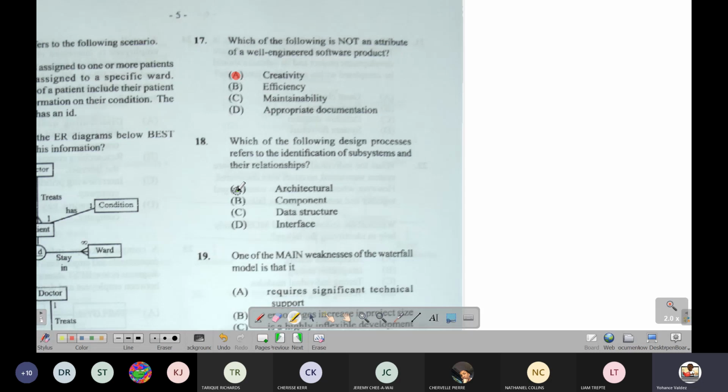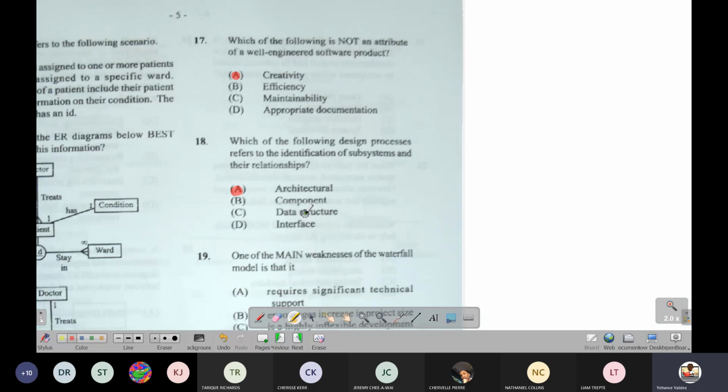The answer here is A, because architectural design is where the components, which are the subsystems themselves, are interdependent on each other. So you're looking at the overall architecture of the system. The component design is where you have the individual units and its parts.